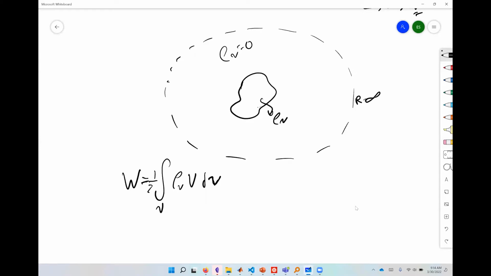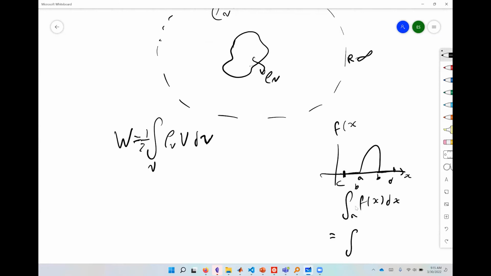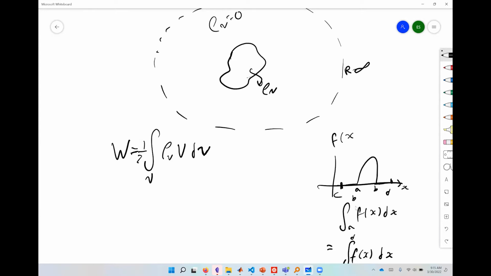It's kind of like you're integrating the function x, f(x), from A to B, f(x) dx, and the function is zero outside of A to B. Does anything change if you change your limits of integration from C to D? No, nothing changes. It's the same resultant value. So this equals the integral from C to D, f(x) dx. So nothing changes if I integrate over all of space.